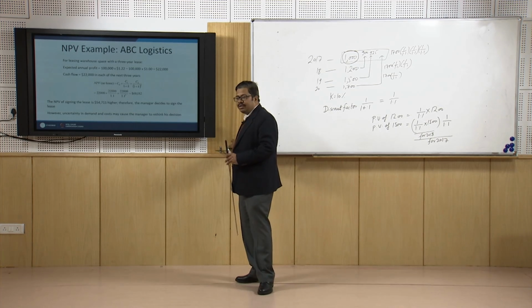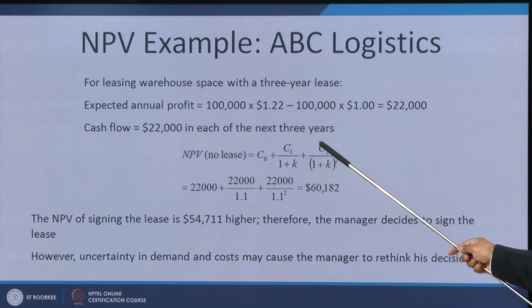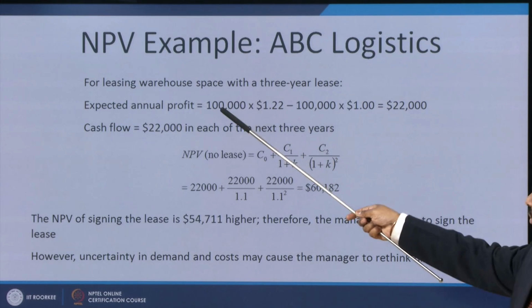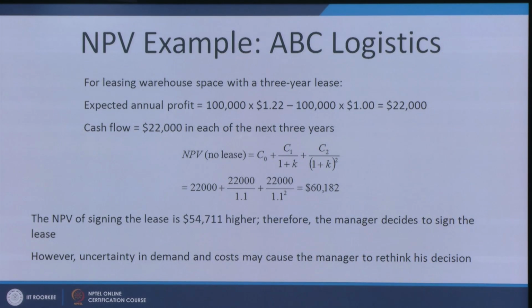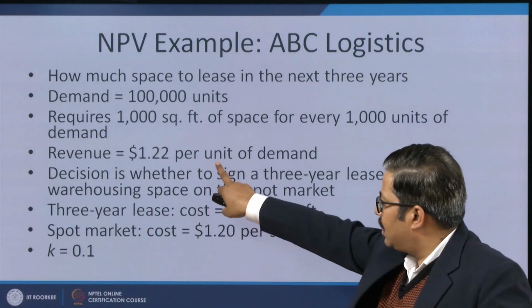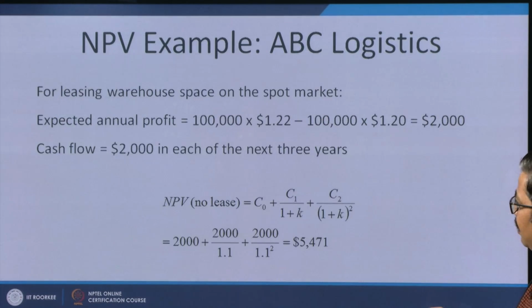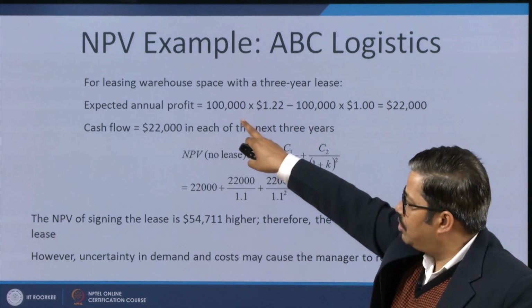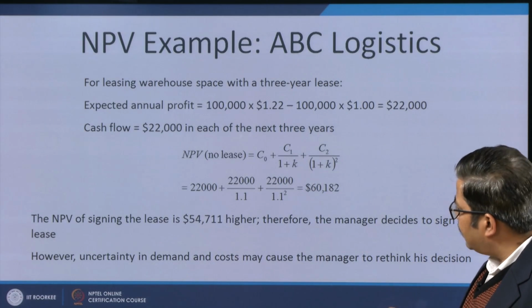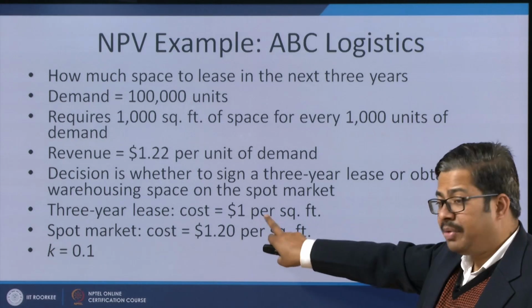In that case, when you are going for the lease arrangement, the same revenue of 1.22 per unit of demand, that figure we are carrying from before. So the same figure comes here, 1.22 into 100,000. Now the cost is less. The cost of the lease agreement is 1 per square feet.